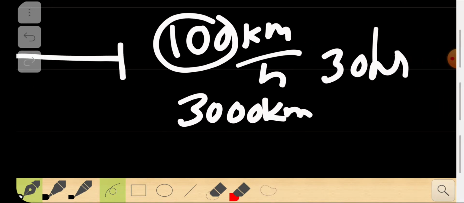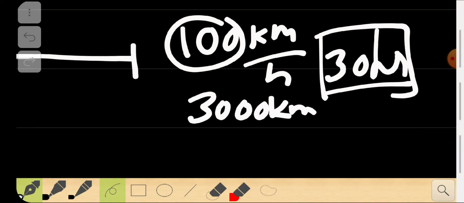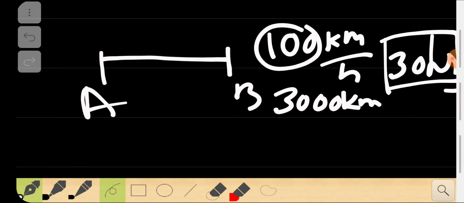So 30 hours would be taken for you to reach from point A to point B. In that travel, your speedometer will detect a speed of 100 kilometers per hour at some point. That's the mean value theorem.